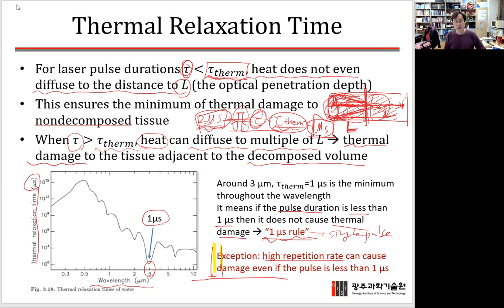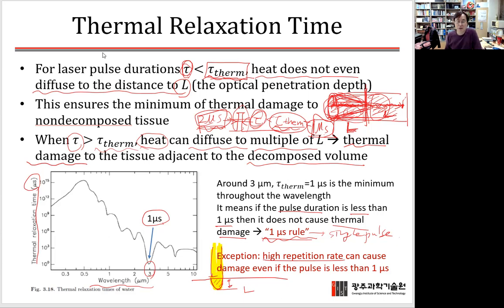So when the laser is coming as a Gaussian beam to the tissue, it will be damaging the tissue like that. And then the depth will be kind of following the optical penetration depth. And because of the Gaussian shape, it is going to be decomposing tissue in this volume.